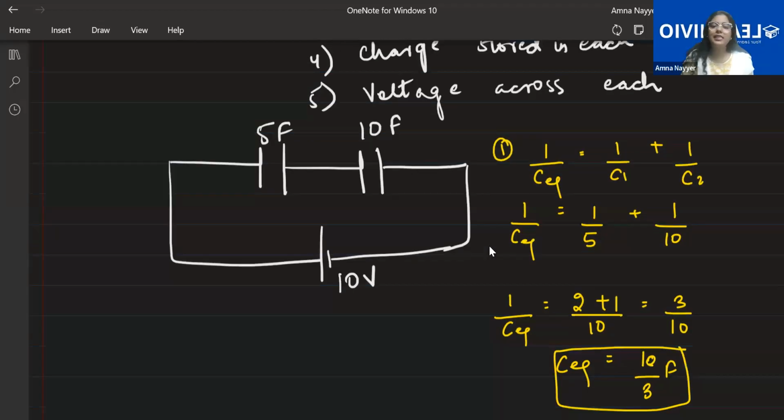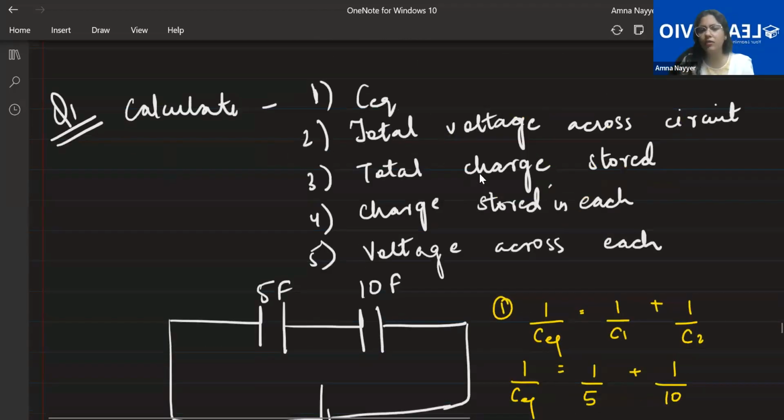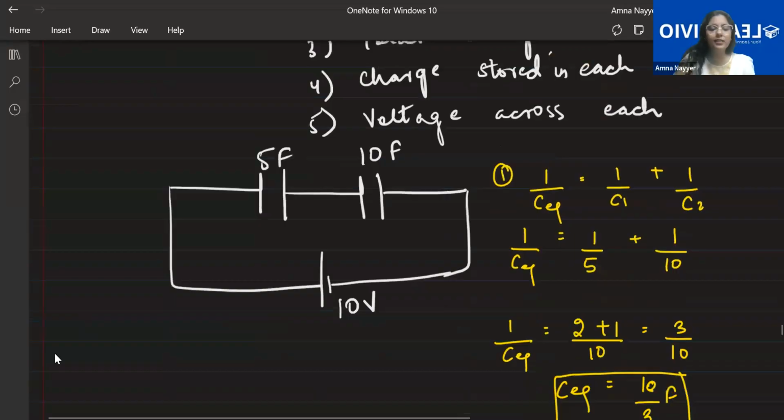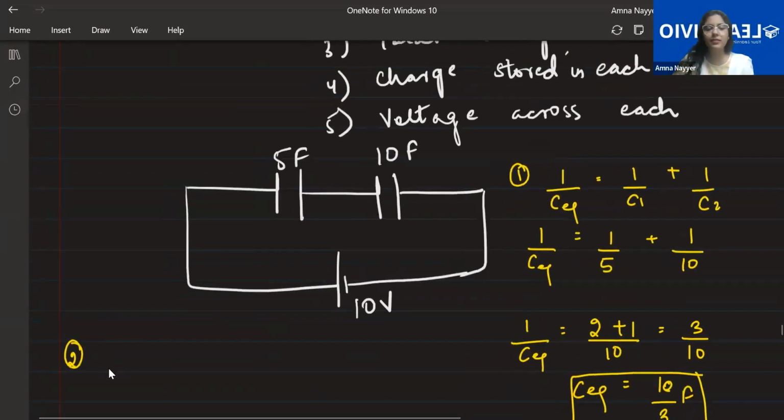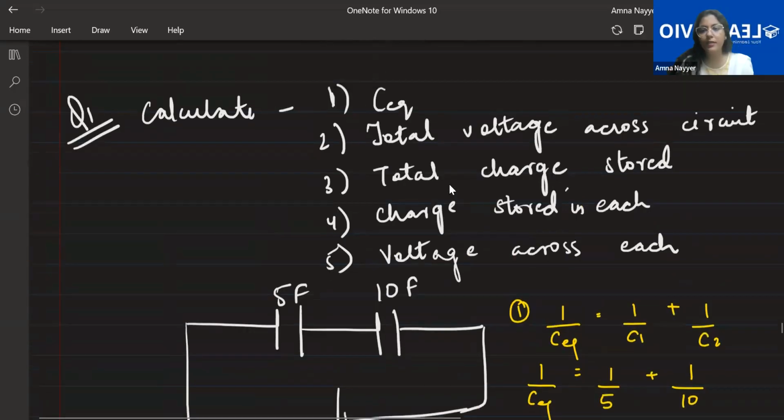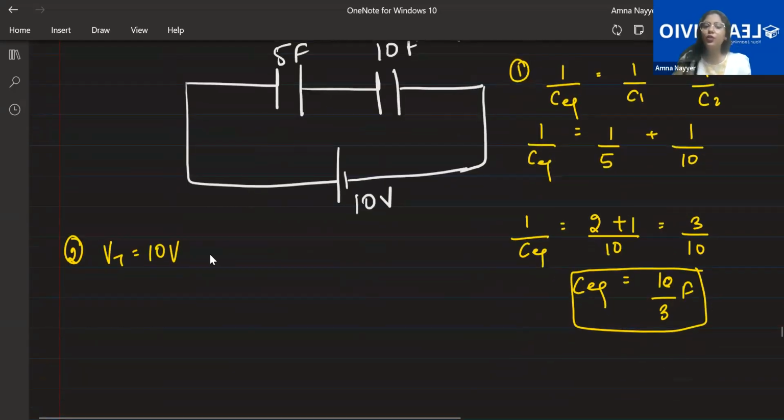All right. Second one says total voltage across the circuit. Since total voltage is already present here, you can see total voltage is given as 10 volt. So this is the total voltage. Then the third part says total charge stored. Now, you know the total voltage, you know the total capacitance.